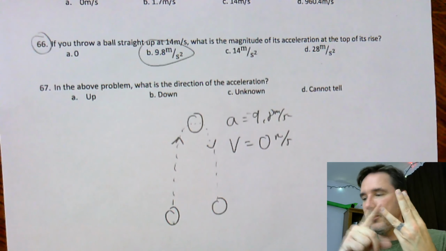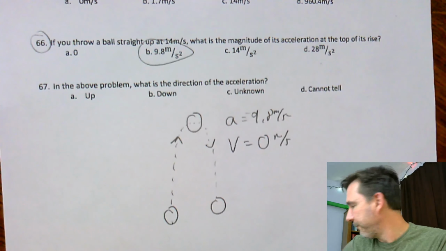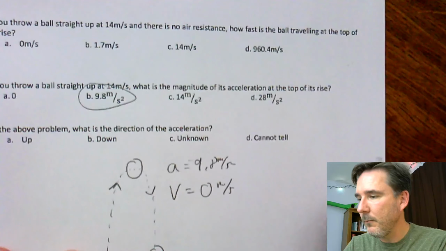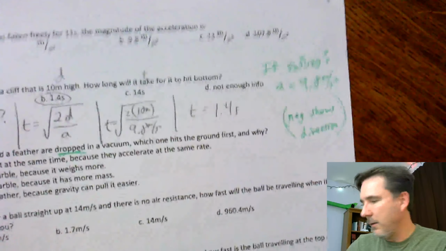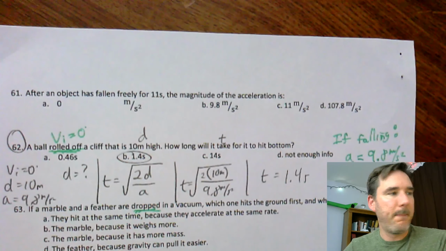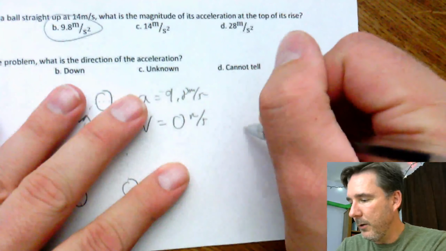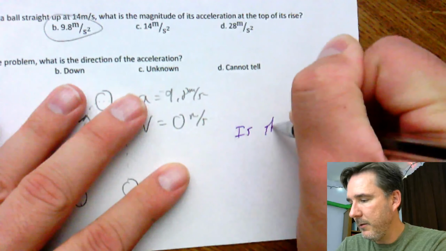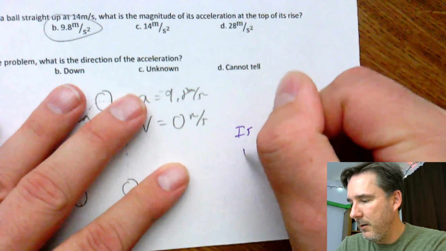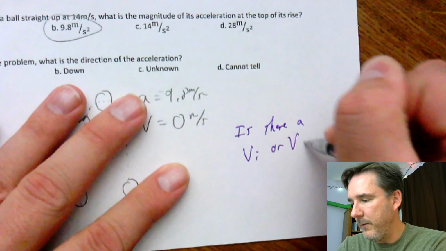All right, look out too for, here, actually I'll write this down. I'm going to write it down here where I have some room. Look for, is there a VI or VF?